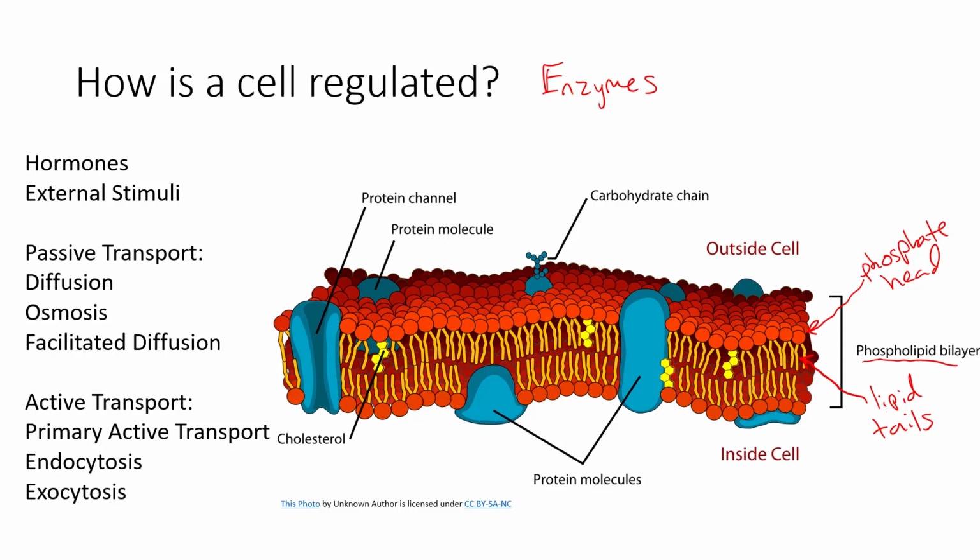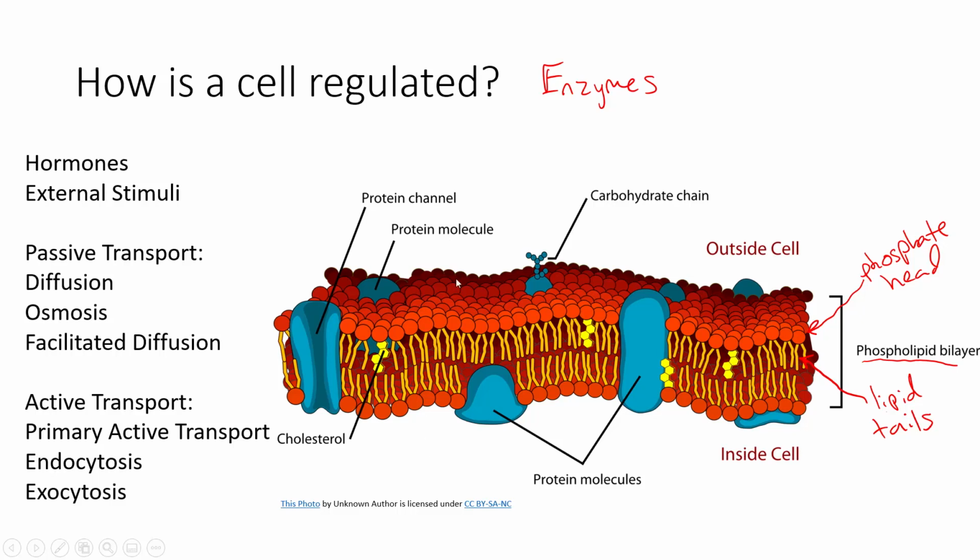I talked about how substances can't just go through this wall. They can't just go through here. There are a few substances that can, but they're going to have to be super small, and they're going to have to be nonpolar. In other words, they're going to have to be able to interact with the fats in order to get through here. So water is a polar molecule.